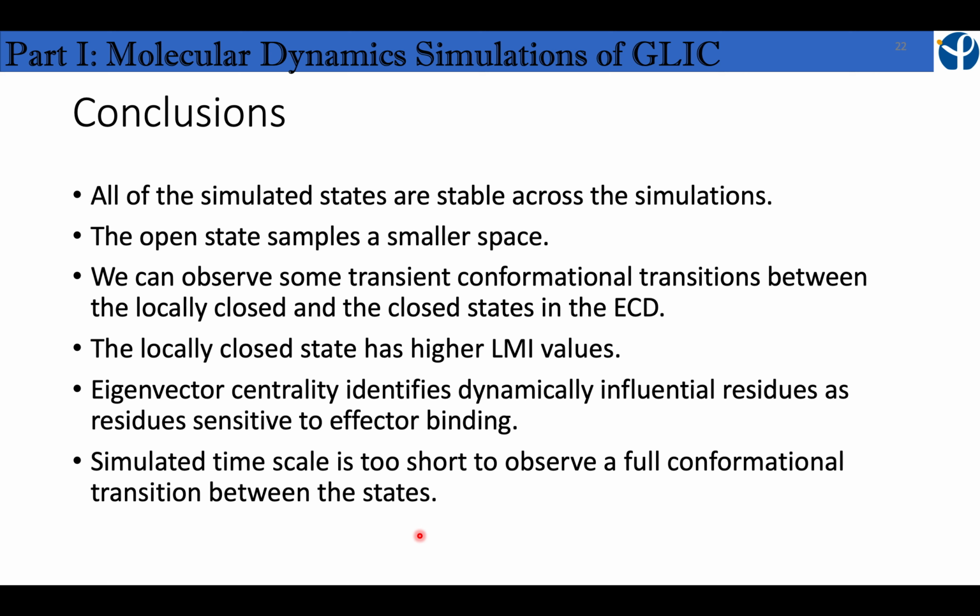The open state samples a smaller space. We can observe some transient local conformational transitions, for example, between locally closed and closed states. Another important result was the high LMI values of the locally closed state, and we identified dynamically influential residues, and these were typically residues on M2.